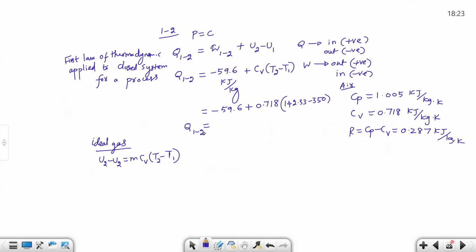So definitely it will be minus because the heat is going out of the system. Whenever you have a temperature difference, it doesn't matter, you substitute in Kelvin or degree centigrade.